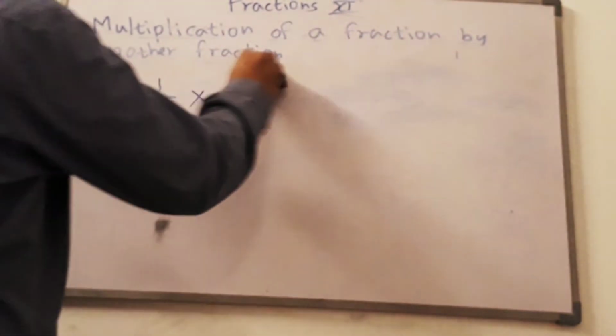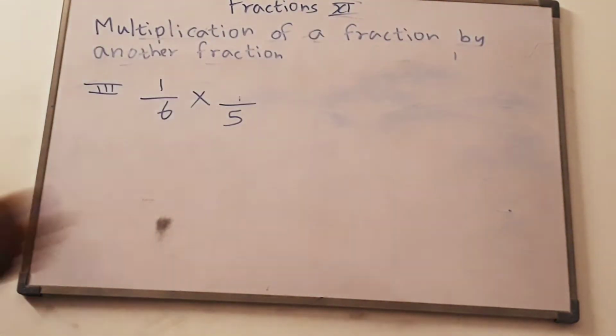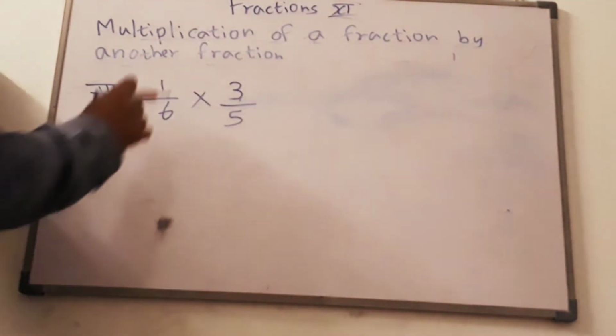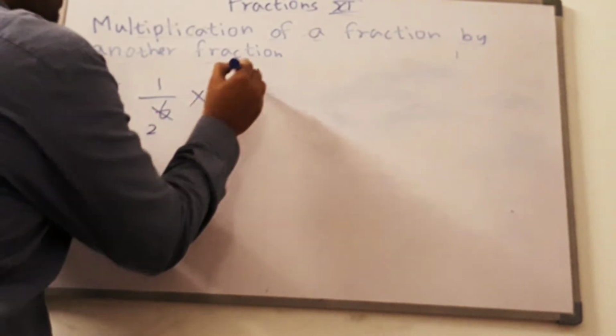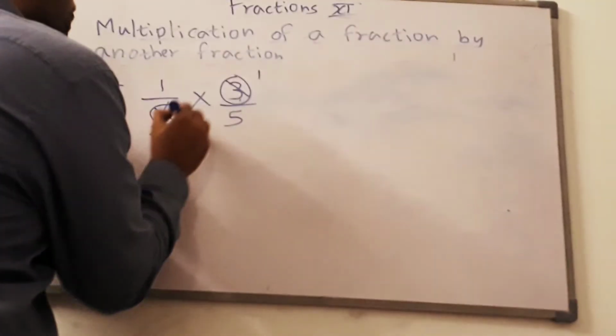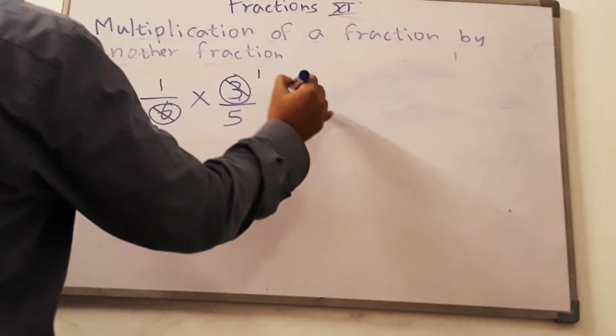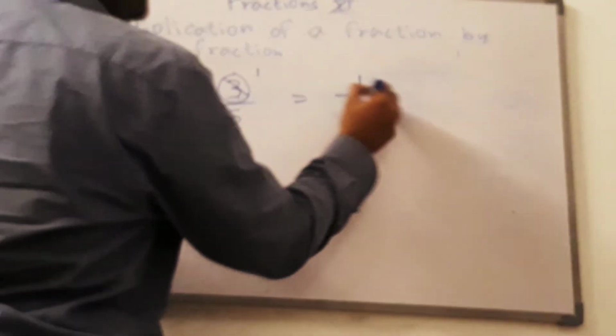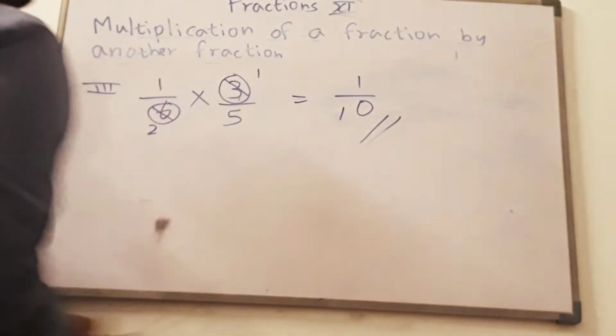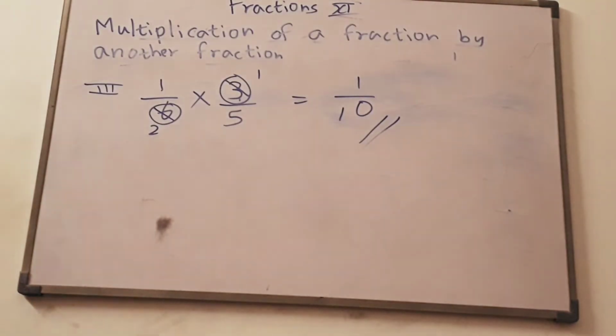Sum like this. 3/5. Okay, here also 3 is a factor of both 6 and 3. So 1 3 and 2 3s. There's 1 3 here, there are 2 3s here. And 1 times 1, 5 times 2. And so this is the answer here. More sum.